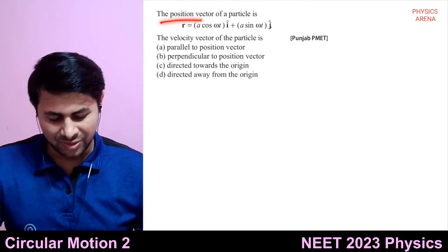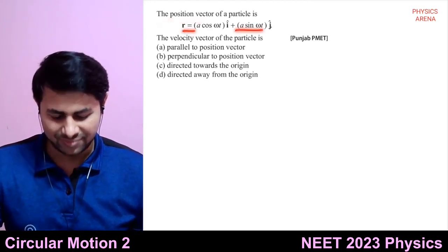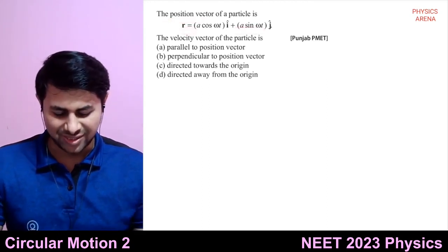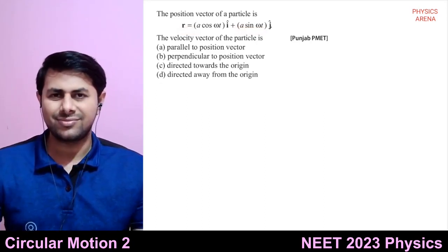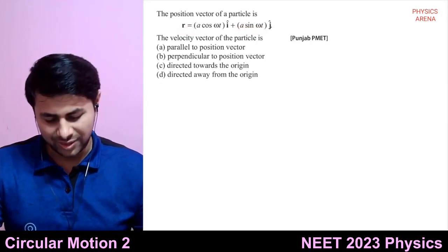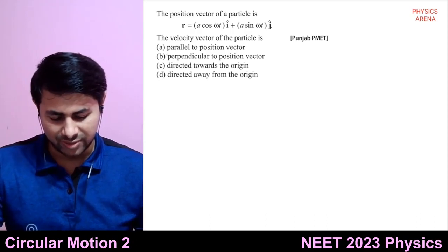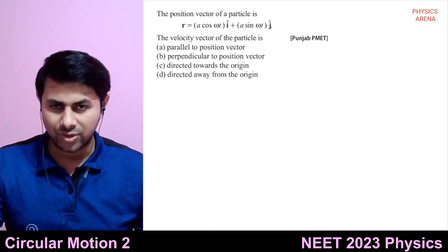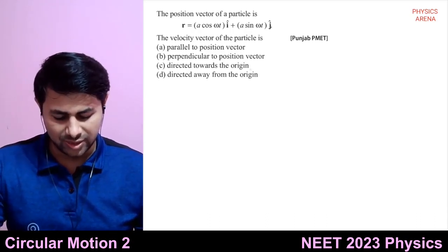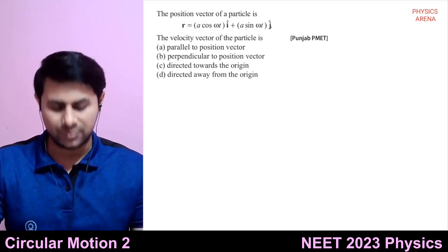The position vector of a particle is given by this thing. Okay, and tell me the answer. Options: the velocity vector of the particle is parallel to position vector, perpendicular to position vector, directed towards the origin, directed away from the origin.